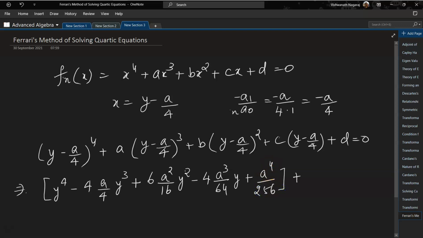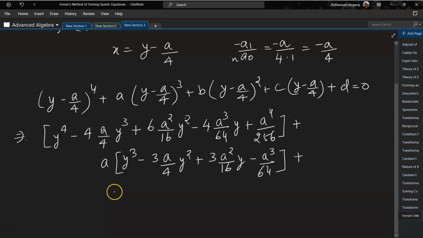Now the second term would be a times y cube minus 3a by 4 y square plus 3 times a square by 16 y minus a cube by 64.